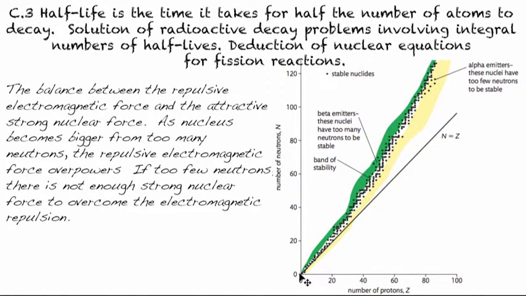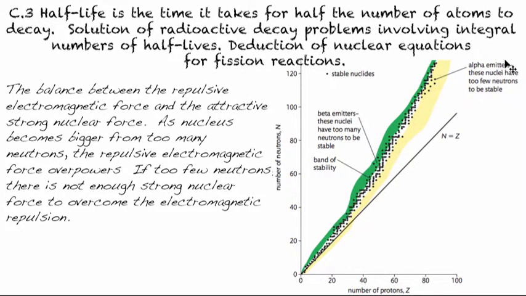But if you have a high number of neutrons compared to the number of protons, then you have beta emitters, and they become more stable, as you'll see, by increasing the number of protons.